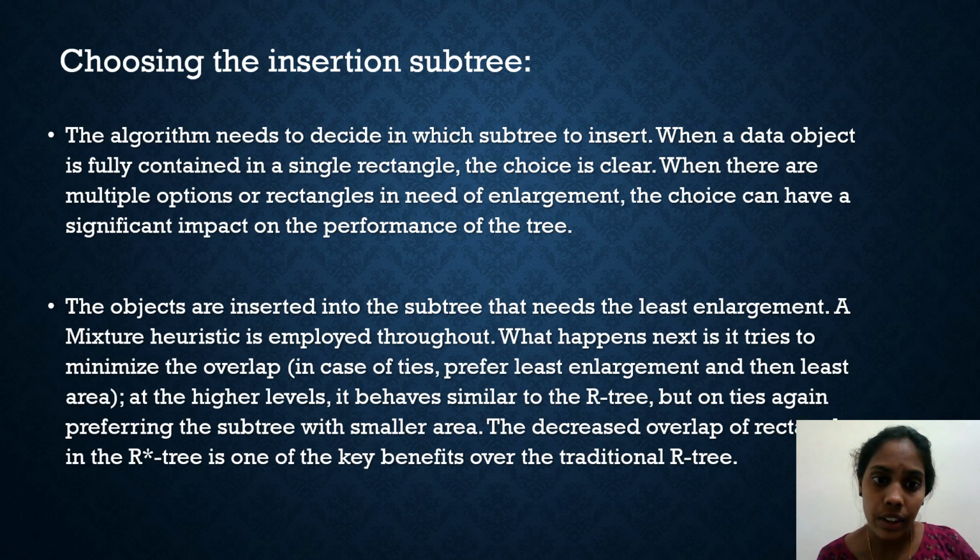A mixture heuristic is employed throughout. What happens next is that it tries to minimize the overlap. At the higher levels, it behaves similar to the R tree, but on ties again prefers the subtree with smaller area. Decreasing overlap is one of the key benefits over the traditional R trees.